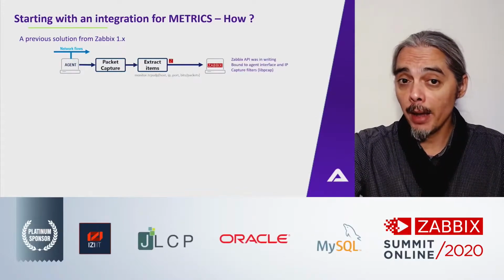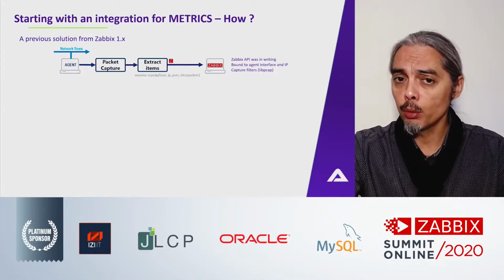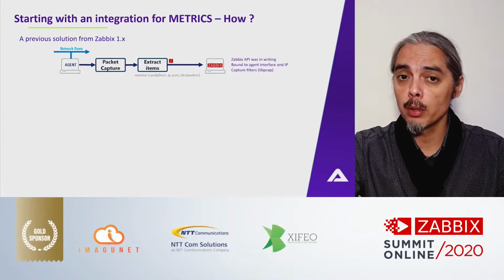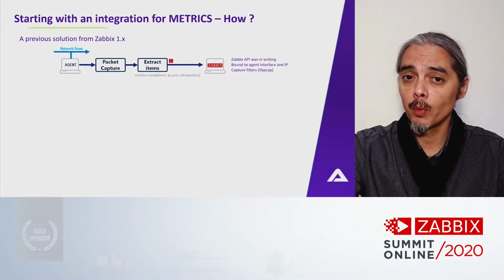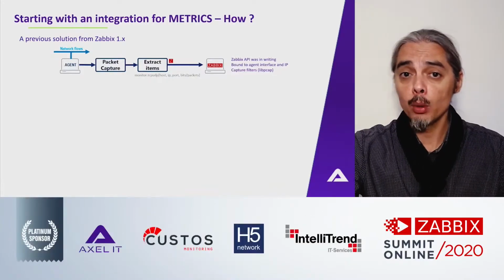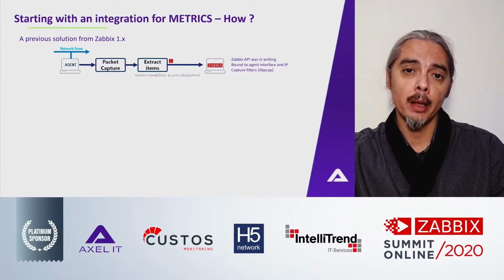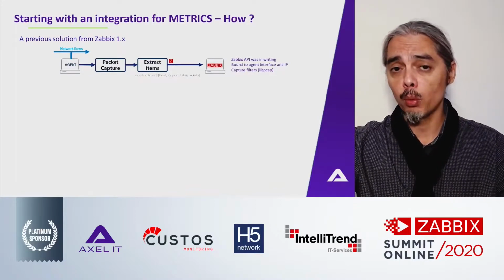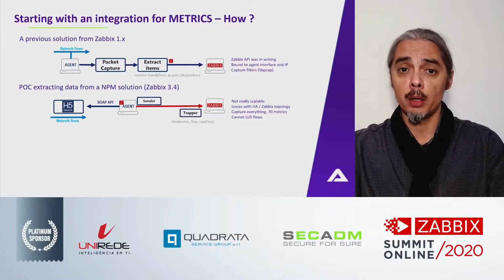Back in the days, before Zabbix 2.0, I think Andrew Nelson, who gave a couple of speeches here at previous Zabbix Summits, made a quick evolution of the Zabbix agent, which used libpcap to make a packet capture, sort through the data that was obtained, identify network flows through packet filters and then send that data to Zabbix.